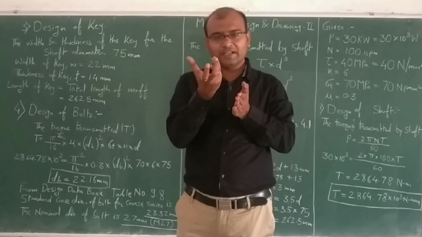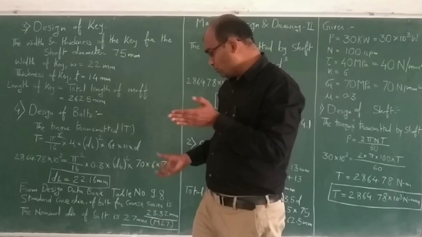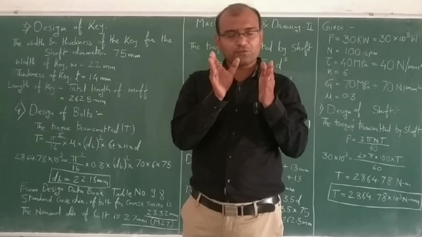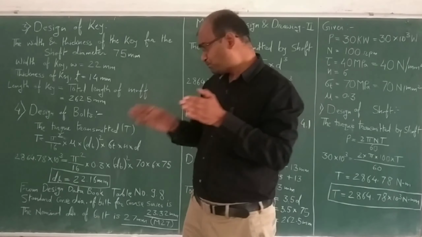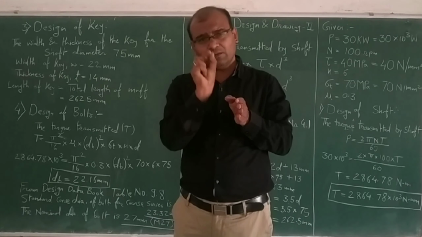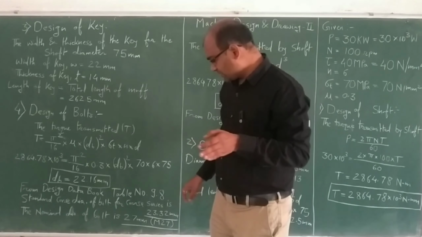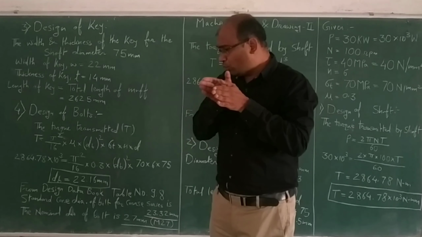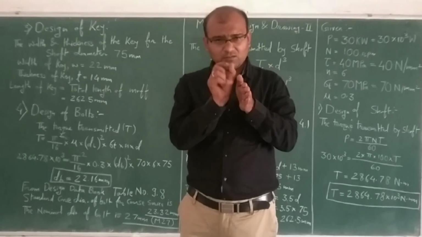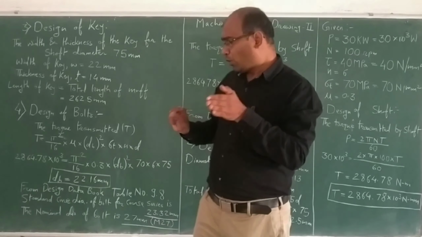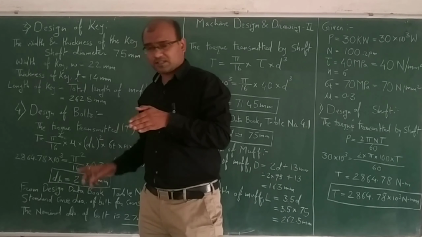The highest value is 27 mm, meaning the end value of the diameter of the stud is 27 mm. Then the internal portion of threading starts from 23.32 mm, and the core diameter, the minimum diameter of your bolt, is 22.6 mm.